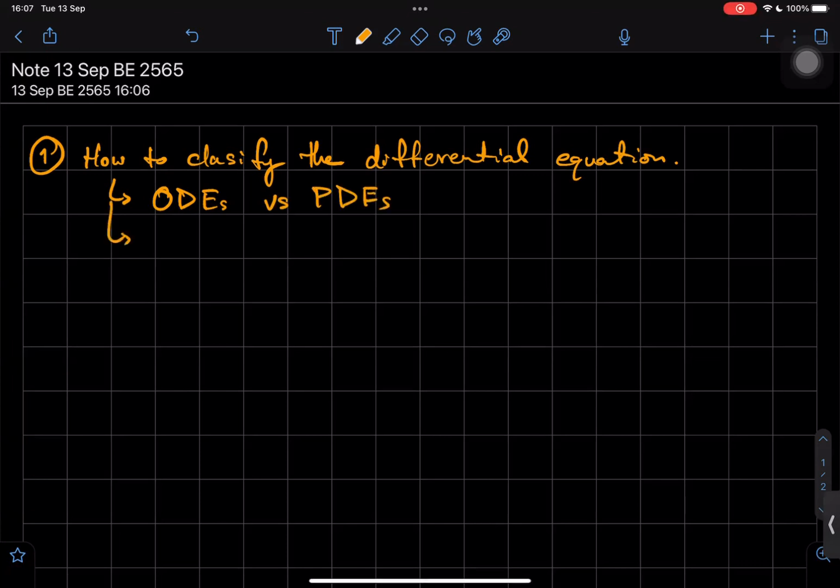Okay, we know order and degree of the differential equation.